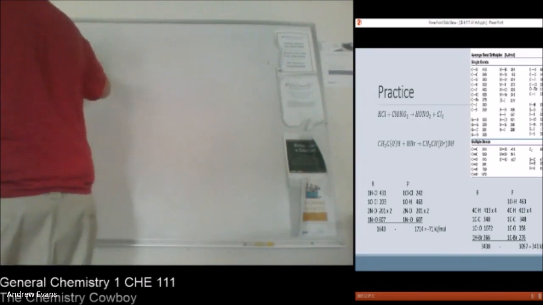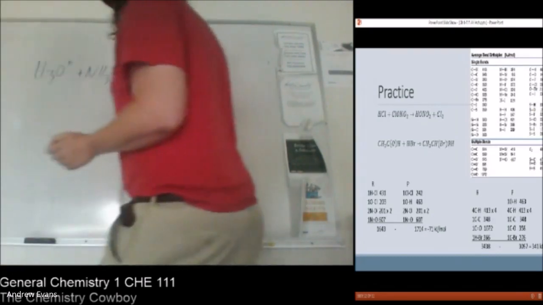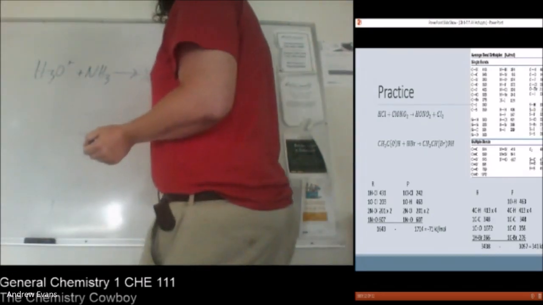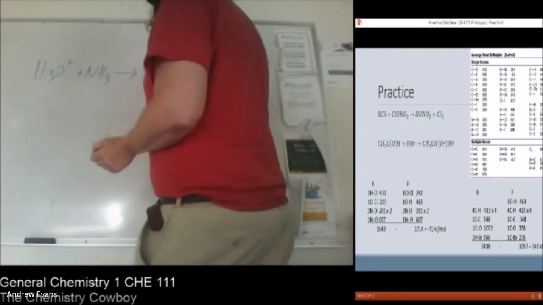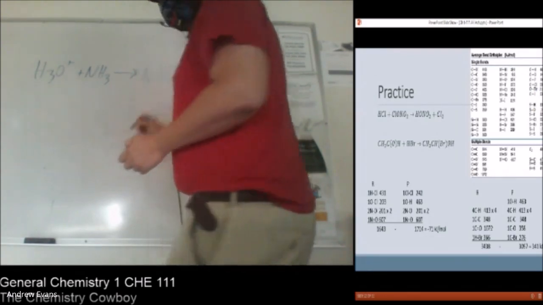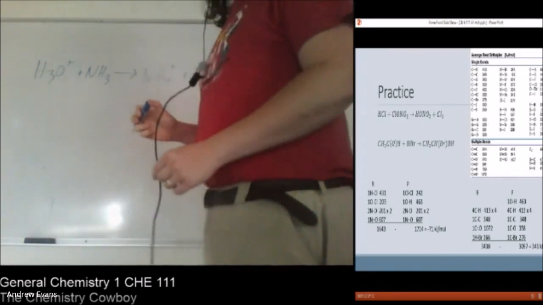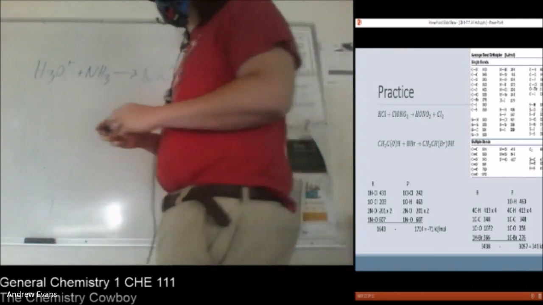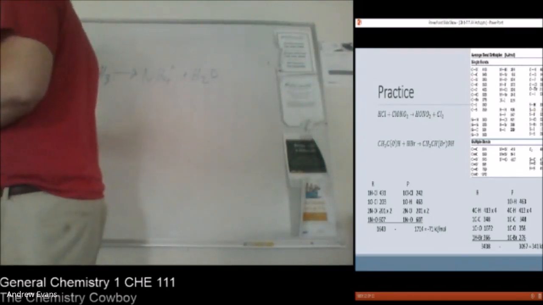H3O plus NH3 goes to NH4 plus and H2O. This seems pretty straightforward. These are all structures we've done. H3O, well, we may not have done this guy.